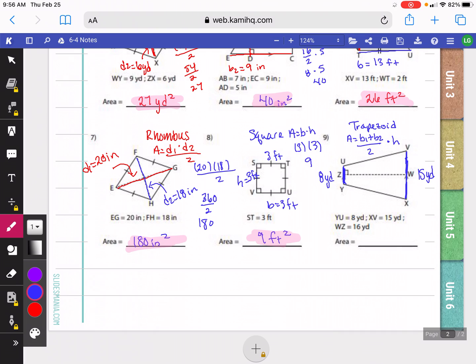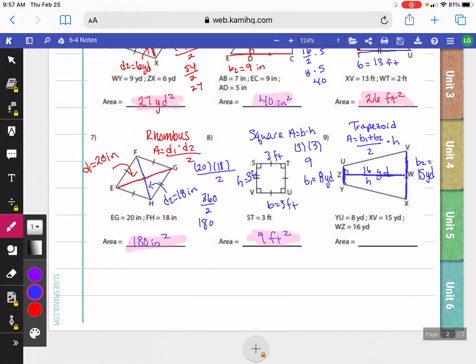And WZ equals 16 yards. If you look carefully at this picture, it's like they tilted the trapezoid over. So 8 yards is going to be our base 1, 15 yards is going to be our base 2, and the 16 yards is actually our height. It's like they tipped it over.